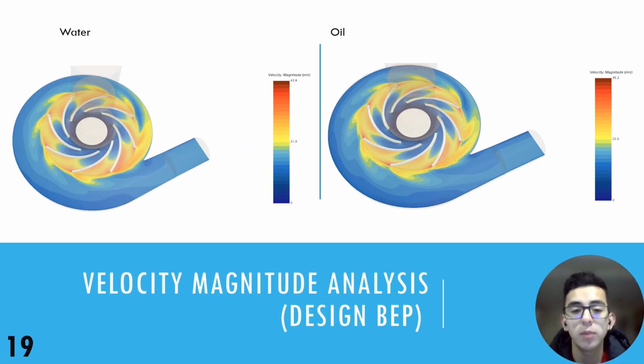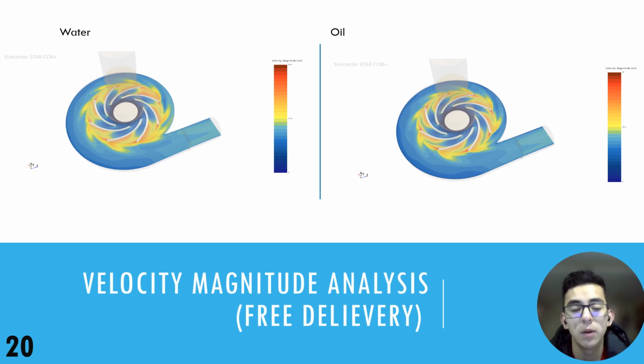These are the velocity profiles for water at a flow rate value of 270 cubic meters per hour and mineral oil at 272 cubic meters per hour. These are the velocity profiles for water and mineral oil both at a flow rate value of 310 cubic meters per hour.